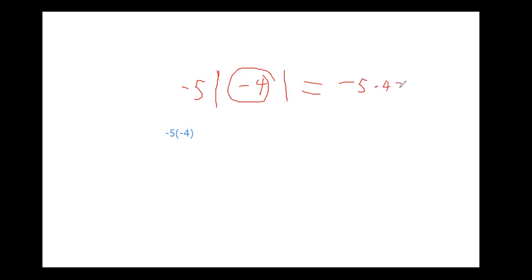Okay, and that's going to equal negative 20, whereas this one down here, a negative times a negative is going to equal a positive.